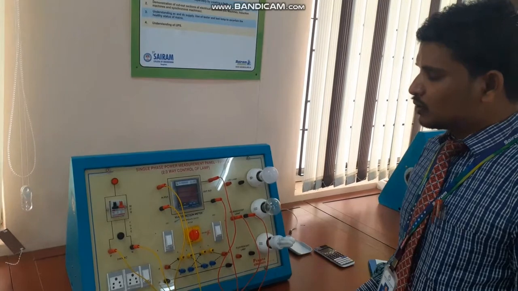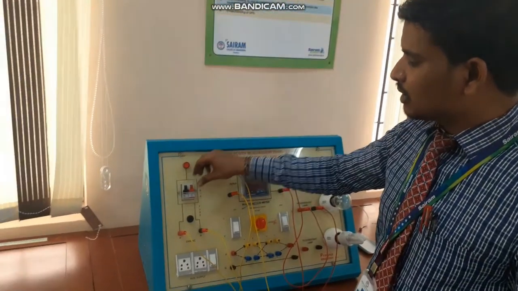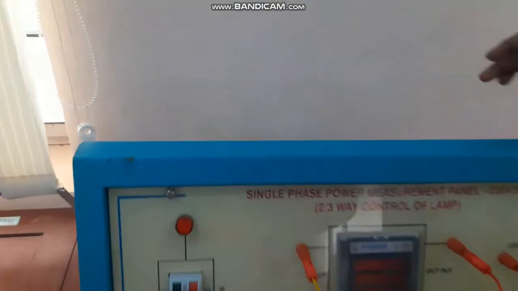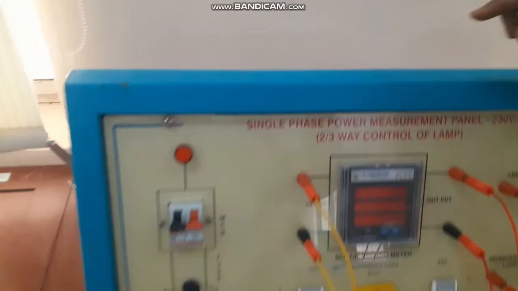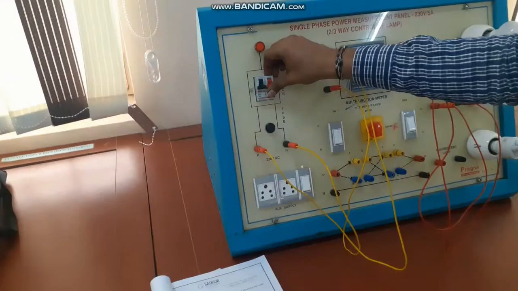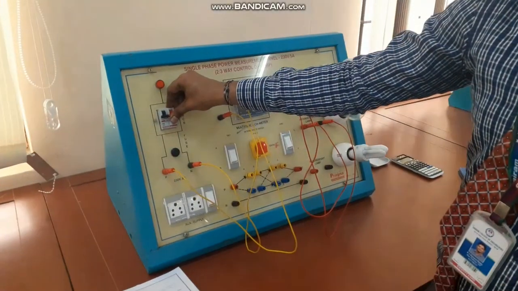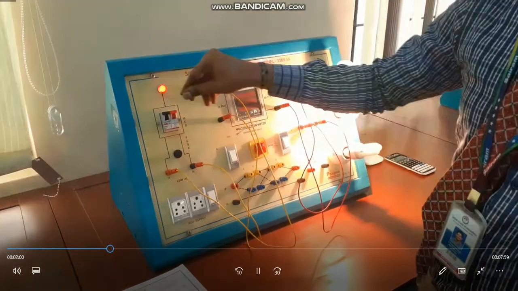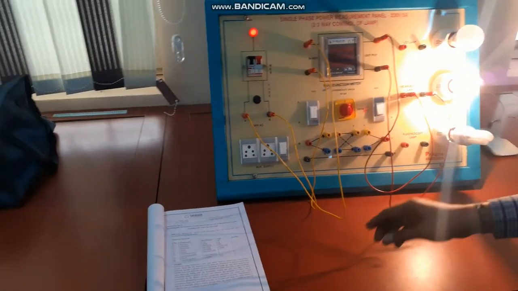To give the power supply, we switch on the main power supply at the back side, and here we switch on the MCB. MCB stands for miniature circuit breaker. It is a double pole single throw switch, and once we give the supply, the bulb, that is the incandescent lamp, is glowing.